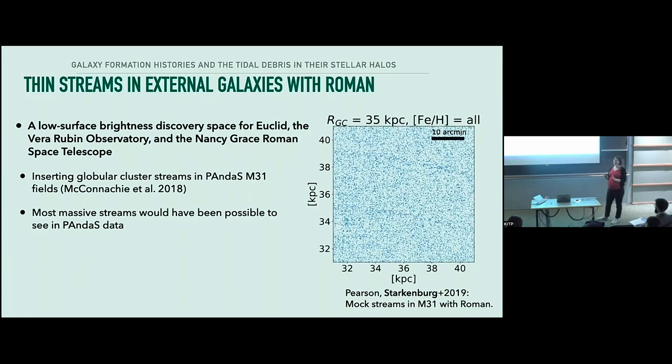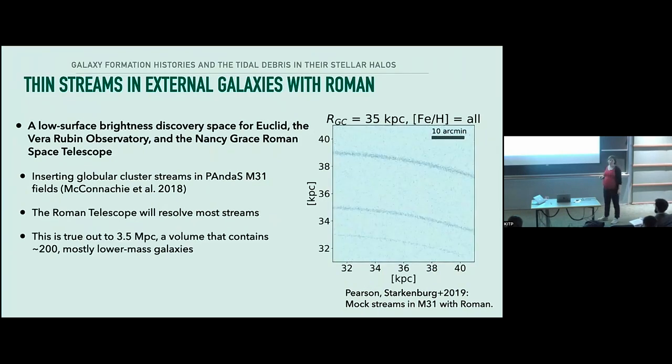Okay, so now we can use the same stellar populations to project what you would see with Roman, and then you see this. This illustrates that Roman, and to a lesser extent Euclid, is going to resolve much, much more substructure.